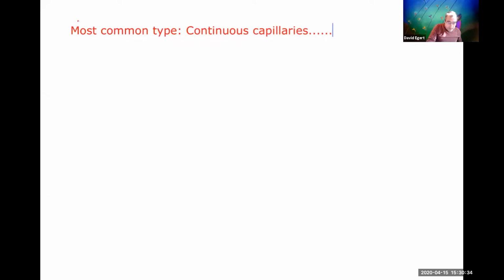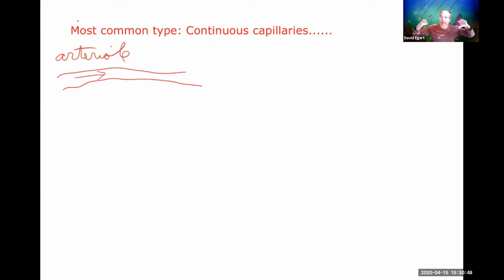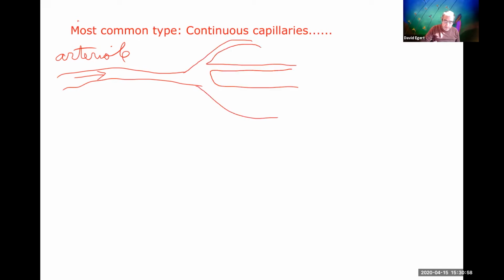So you're going to have some arterial side coming in, the smallest little branch of the arterial side, which eventually branches into the actual little capillaries.